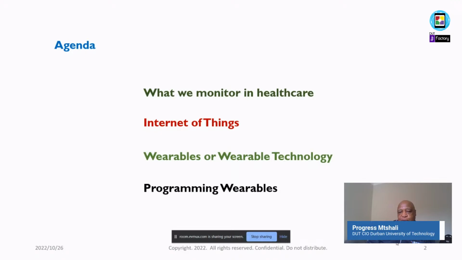But then couple that with the wearable, of course, sometimes they call them wearables or wearable technology. And then just briefly touch, Alan did also touch on Tizen as the operating system. And it's not the only one. I think given our environment at DUT, a lot of times we tend to focus more on the Microsoft platform around .NET and I guess C#.